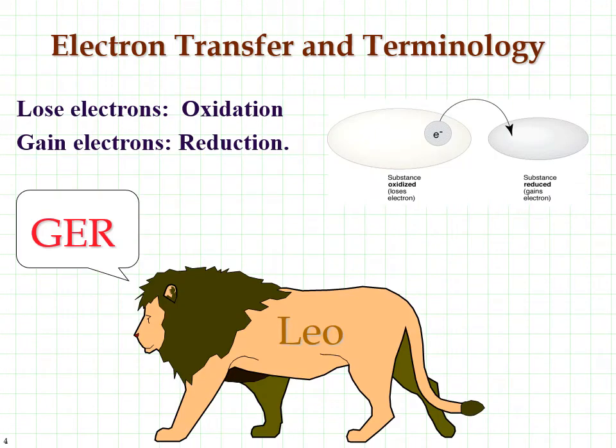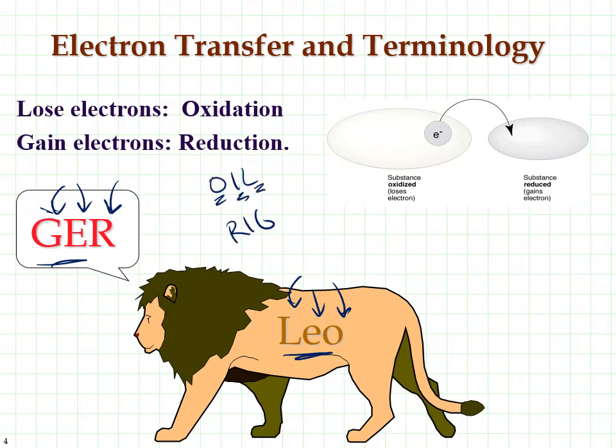An easy way to remember that oxidation is losing electrons and reduction is gaining electrons is with the amazing mnemonic device, LEO says GER. Lose electrons is oxidation, gain electrons is reduction. A different mnemonic device that you might like better is OIL RIG.